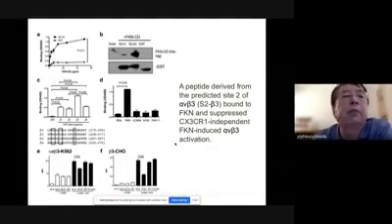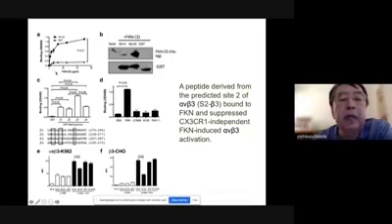This is a peptide from cyto2 that can bind to this fractalkine. And then in this case, this peptide can block integrin activation by chemokine.